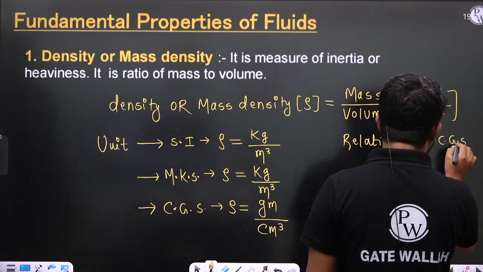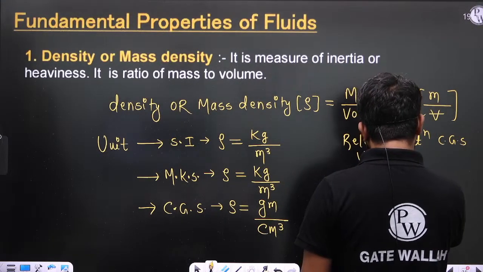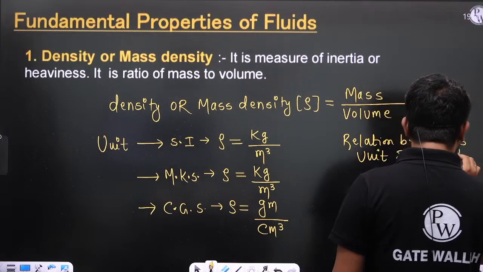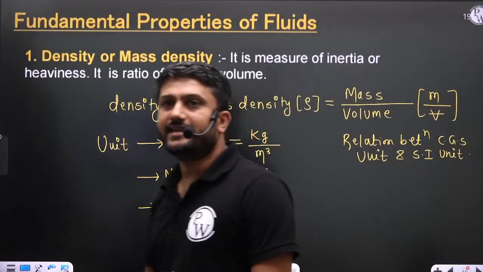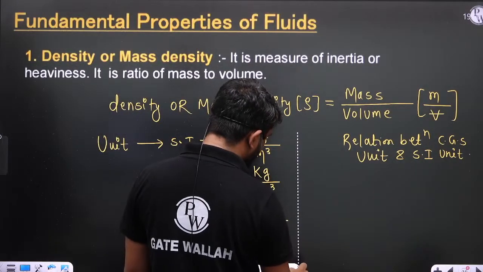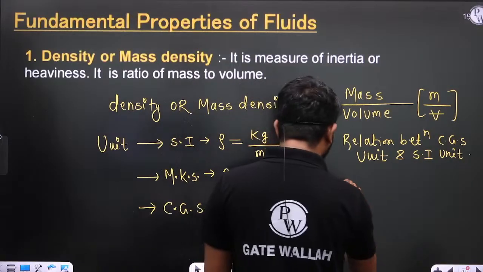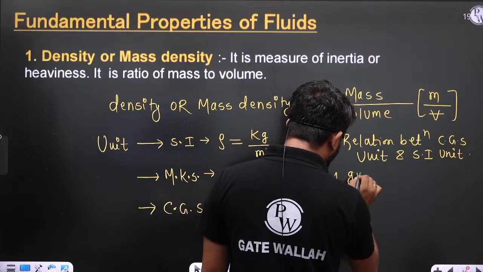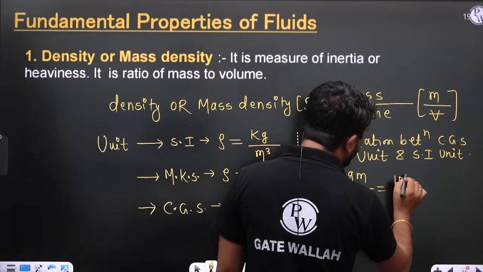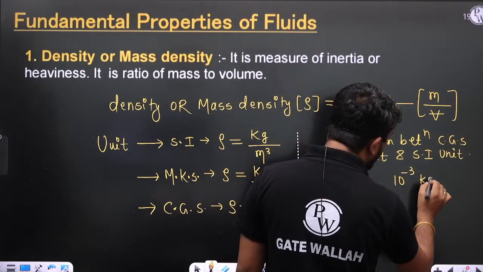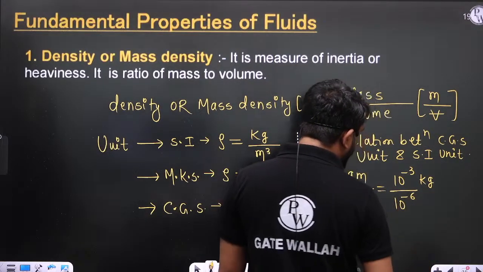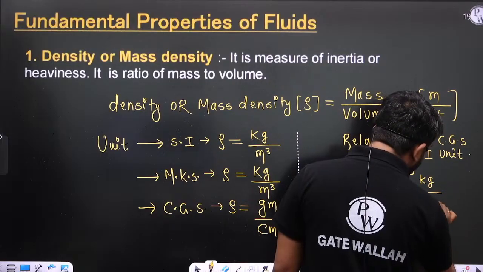The relation is, see, 1 gram per centimeter cube is equal to 10 to the power minus 3 kilogram divided by 10 to the power minus 6 meter cube.